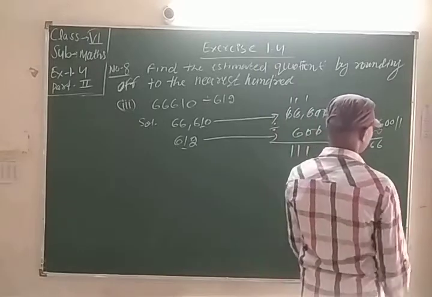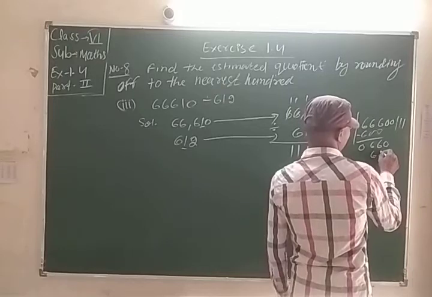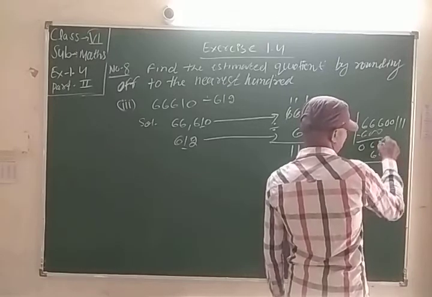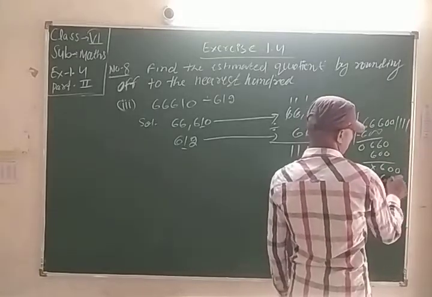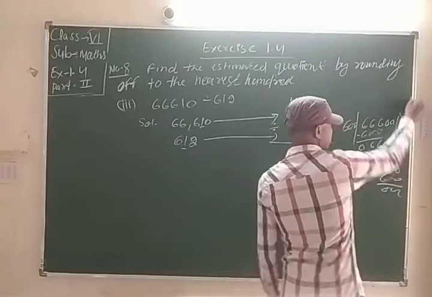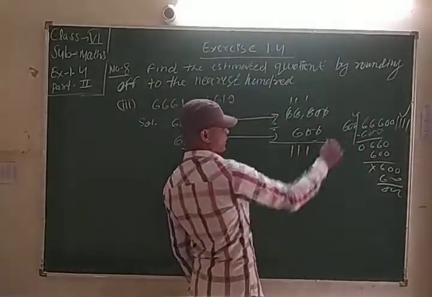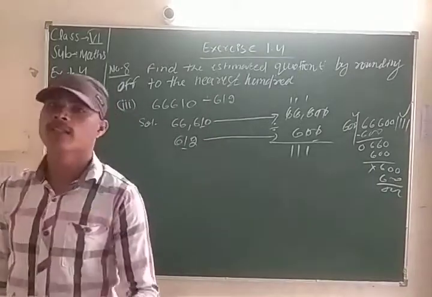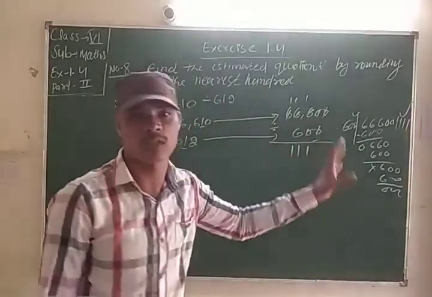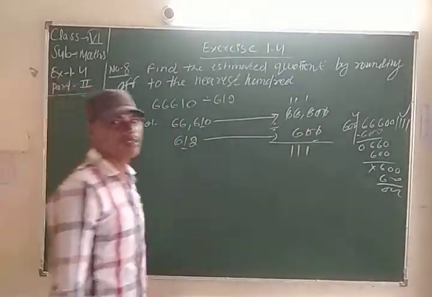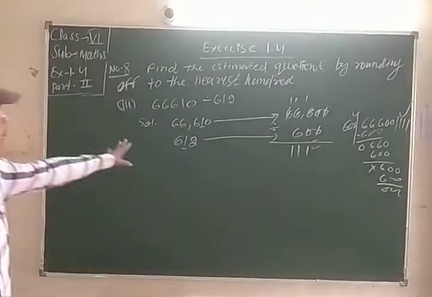Again we get down 0, and again we get down 6. The answer is 111. Also we can find it using the division method, or directly, no problem. Whichever method you have understood properly and you are satisfied with, we do that process. We only write the words. Correct answer is okay.